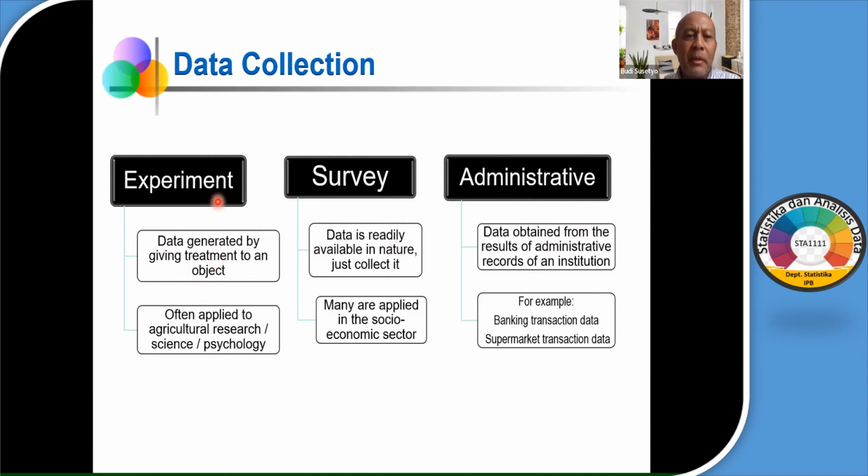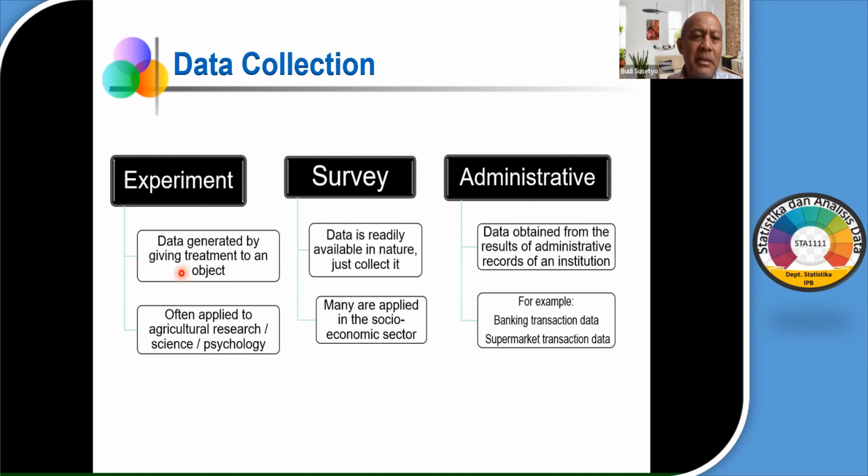Experiment: we call it an experiment if the data is not available before the experiment. The data will be available after you give a treatment. After you give a treatment, then you get the data.